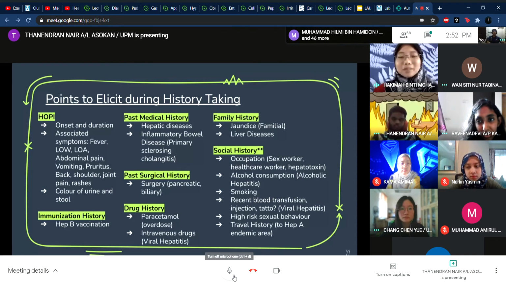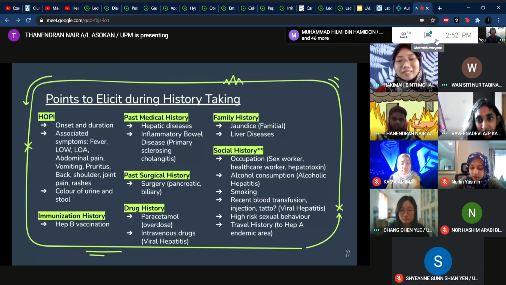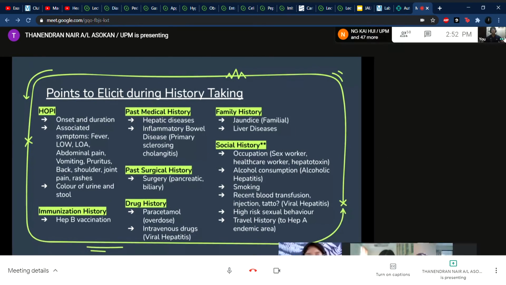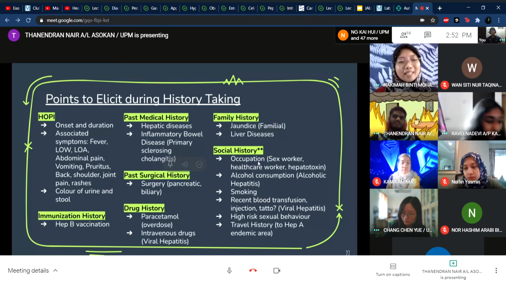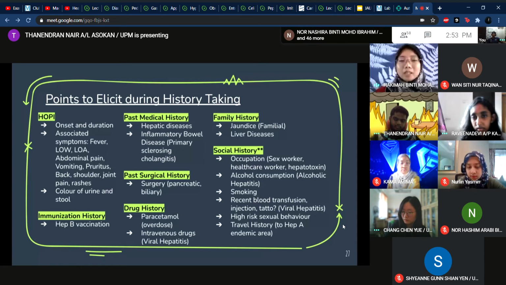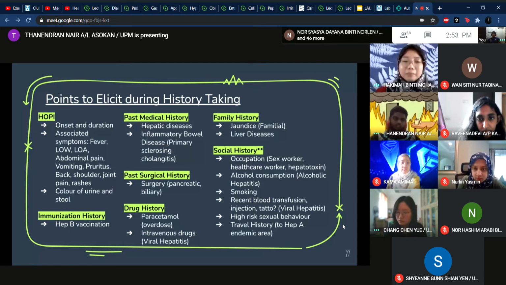And don't forget about traditional medicine, complementary medicine. You know, ubat kurus, ubat putih. All these things have some hepatotoxic drugs. Okay? So complementary and traditional medicine are an important cause for drug-induced hepatitis, liver injury.